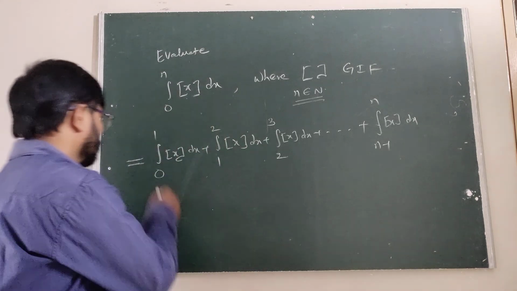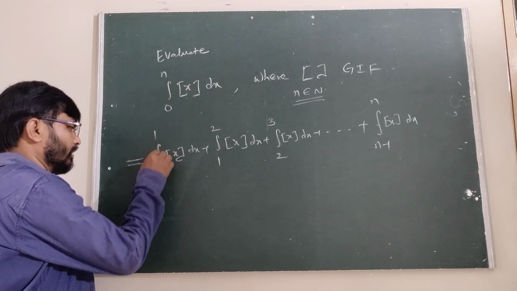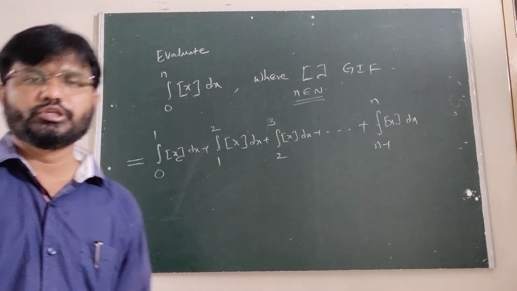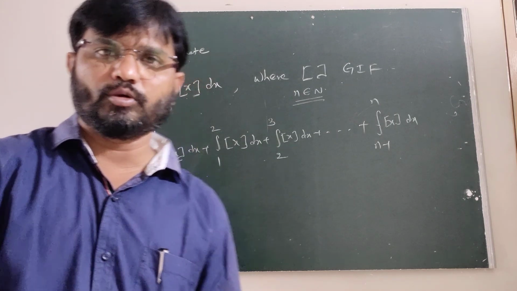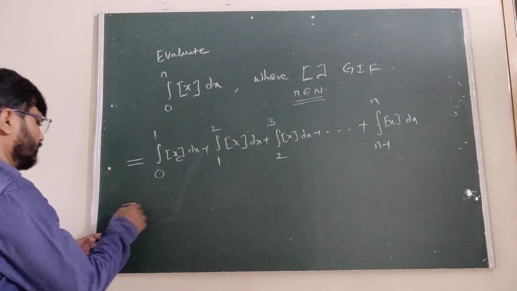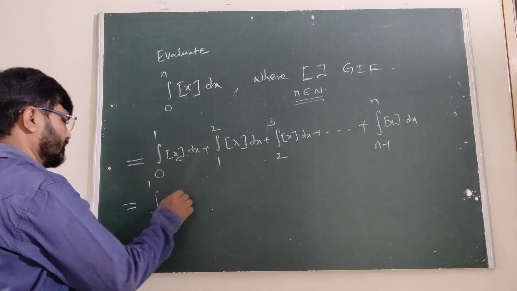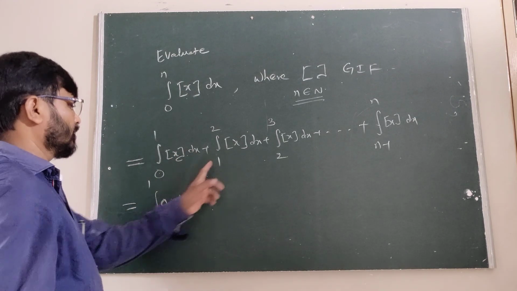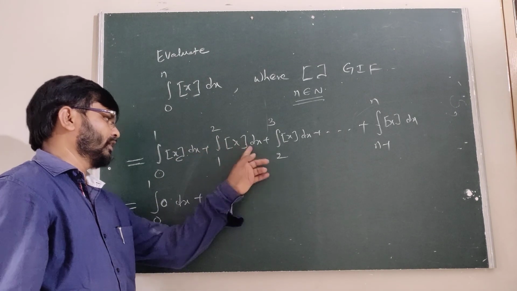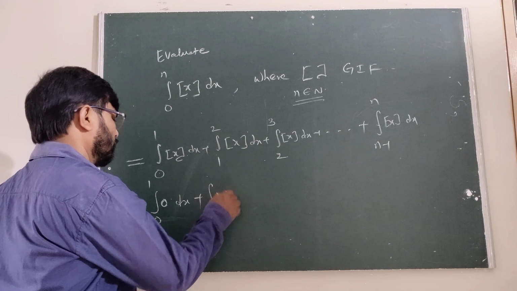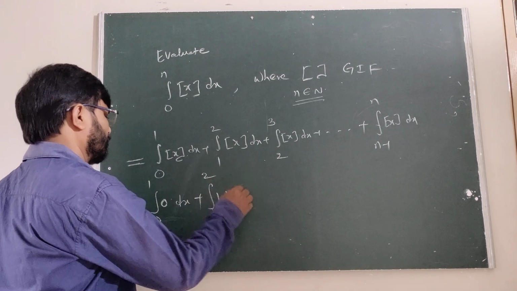Listen here, for 0 to 1 we take any value between 0 and 1, say 0.5 or 0.6. Therefore, on 0 to 1 the value of [x] is 0. Suppose on 1 to 2 we take 1.5, that means 1, so the integral is 1 dx from 1 to 2.